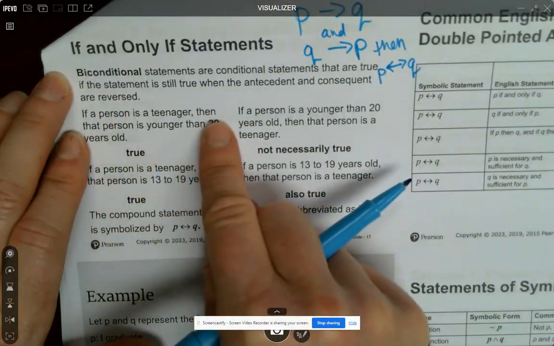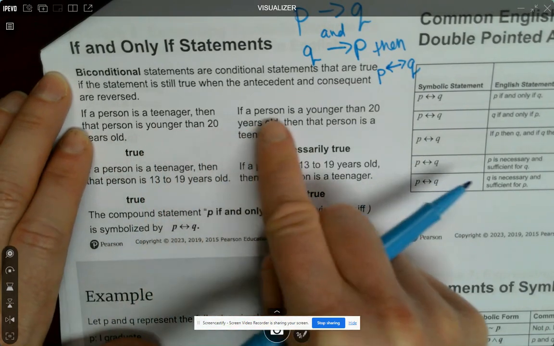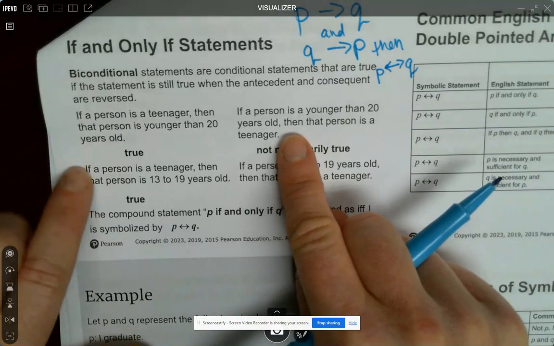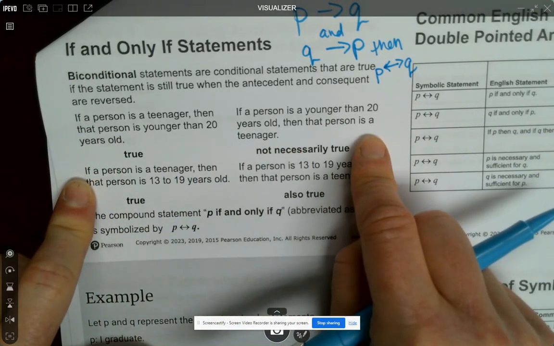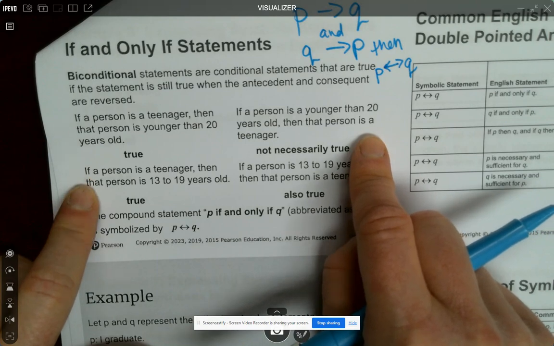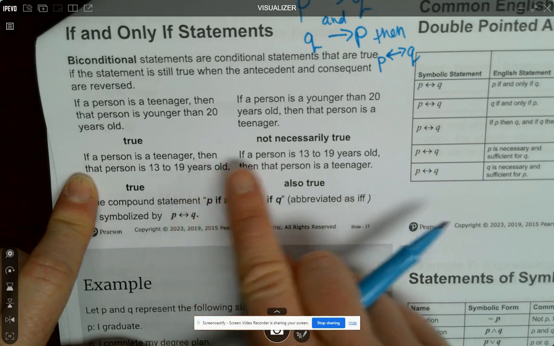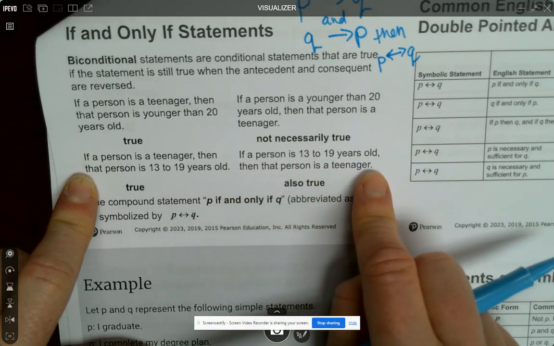So if a person is a teenager, then that person is younger than 20 years old. If a person is younger than 20 years old, then that person is a teenager. That's not true because they could be 11 and that person's not a teenager. If a person is a teenager, then that person is 13 to 19 years old. If a person is 13 to 19 years old, then that person's a teenager.